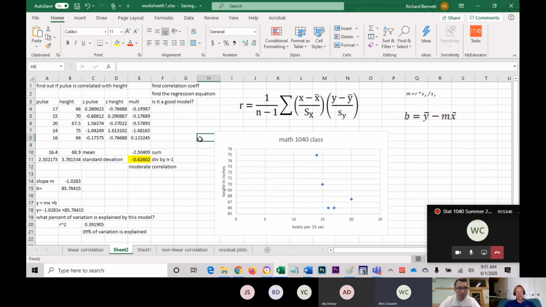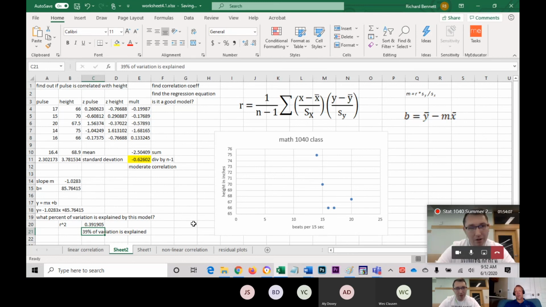Gender. Gender might. What are some lurking variables you can think of? That's probably a better way to say it. If 39% is explained, 61% is unexplained. So gender might be something that would explain your heart rate.